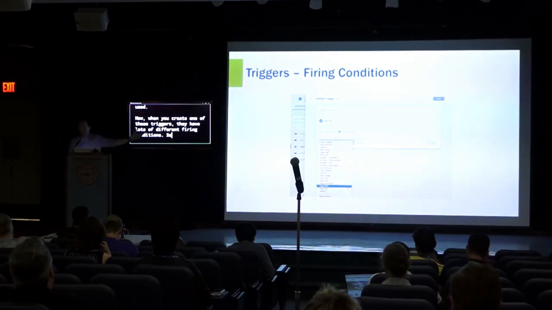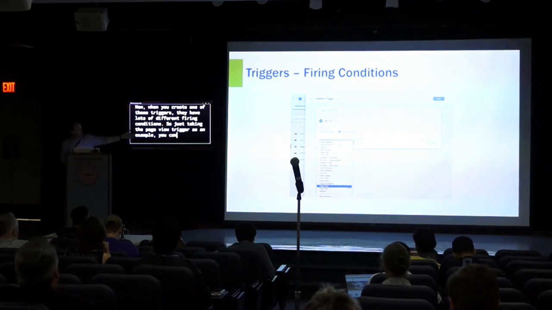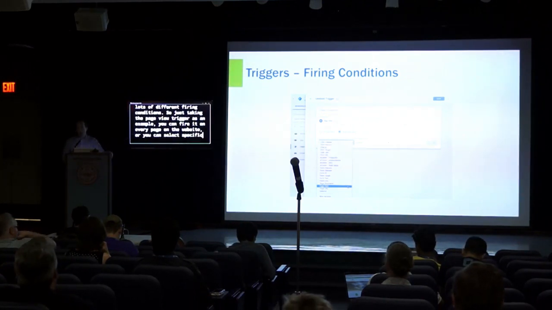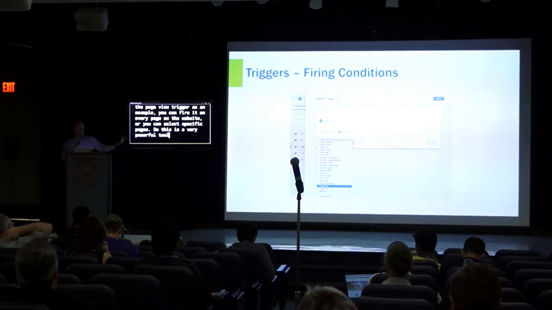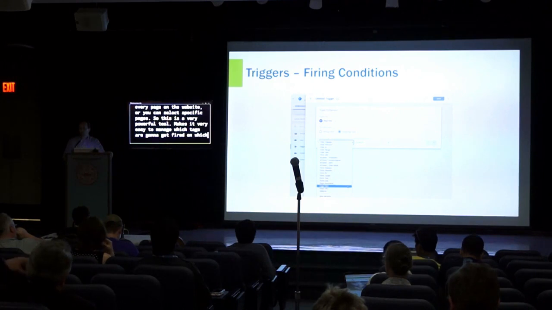Taking the page view trigger as an example, you can fire it on every page on the website, or you can select specific pages. This is a very powerful tool that makes it very easy to manage which tags are going to get fired on which pages of your website.